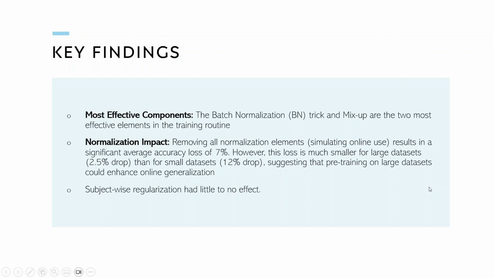However, this loss is much smaller for a large dataset, around a 2.5% drop, than for a small dataset, a 12% drop, suggesting that pre-training on a large dataset could enhance online generalization. The last is that subject-wise regularization has little to no effect.